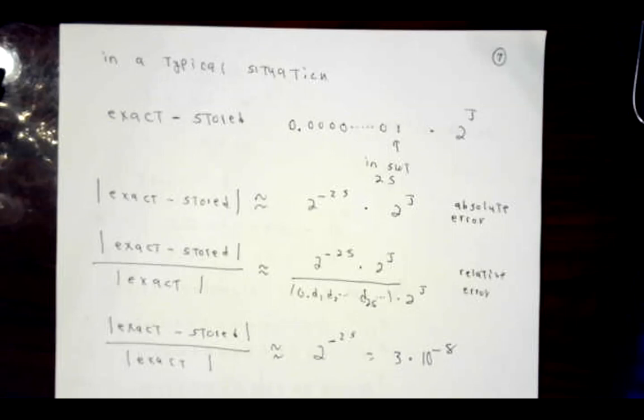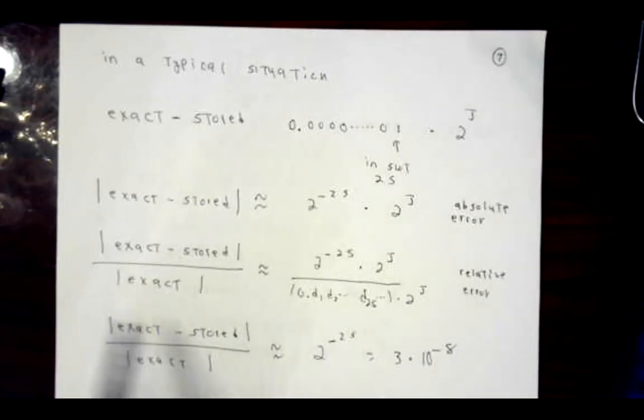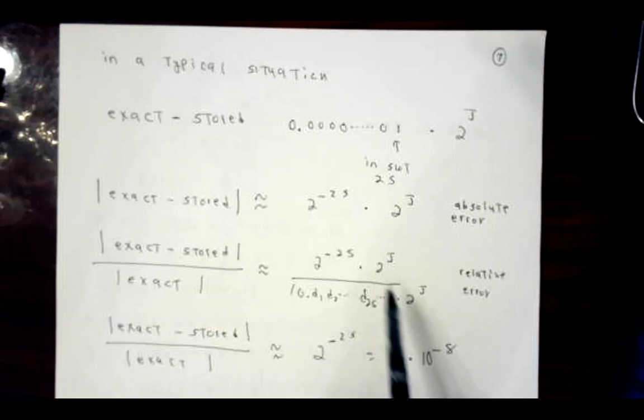If the absolute error was 10 and the actual value of the quantity you're interested in was 2, that would be horrific. So what we do very often is we take the absolute error and divide it by the exact value. This has the effect of getting rid of the scaling factor. It gets rid of the 2 to the j.